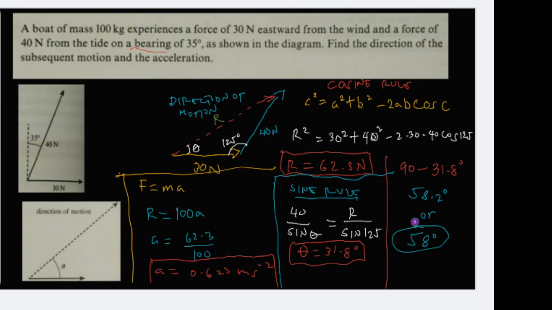So we can say that the direction of motion is on a bearing of 58 degrees. Okay, so that's the result. Here we just do the cross multiplication and solve for the theta. We've learned it on the earlier topics on trigonometry and also in equilibrium problems.